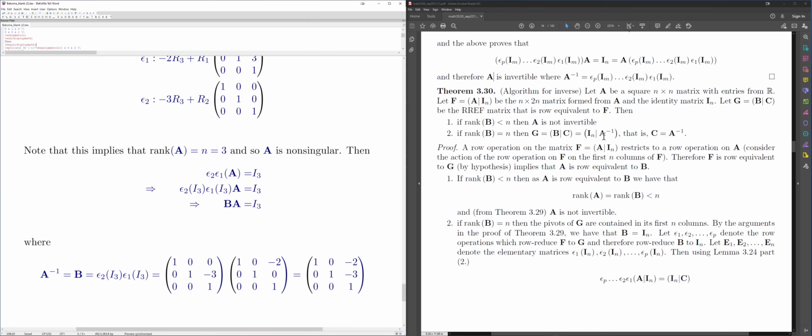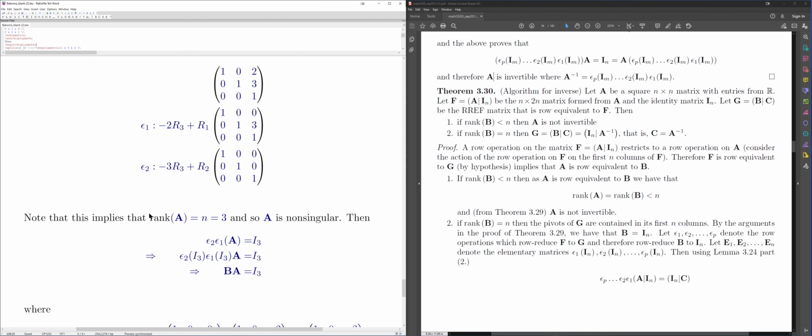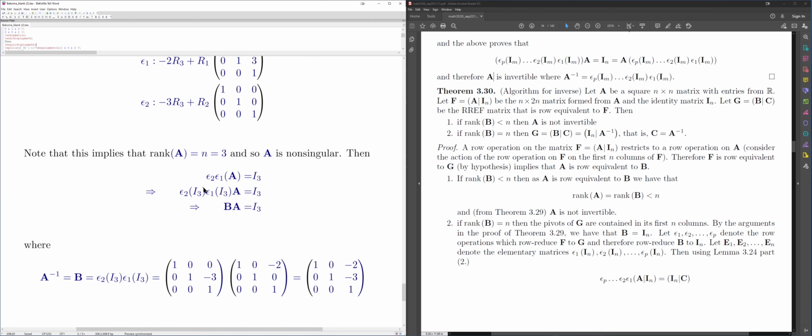You start off with your matrix A and apply Gauss-Jordan to it. Somehow you keep track of the row operations and the corresponding product of elementary matrices.